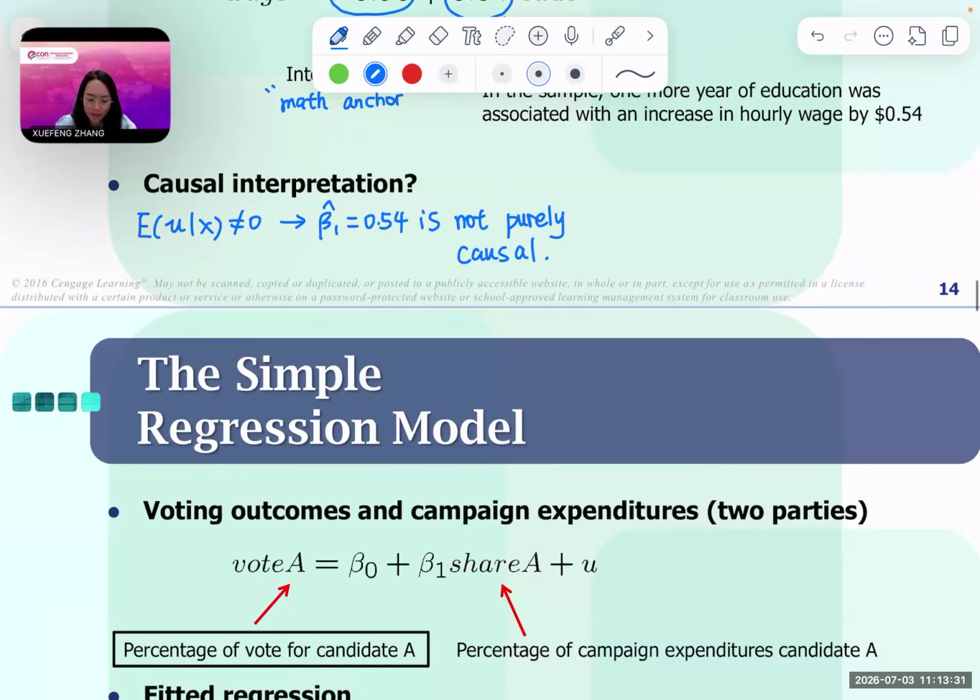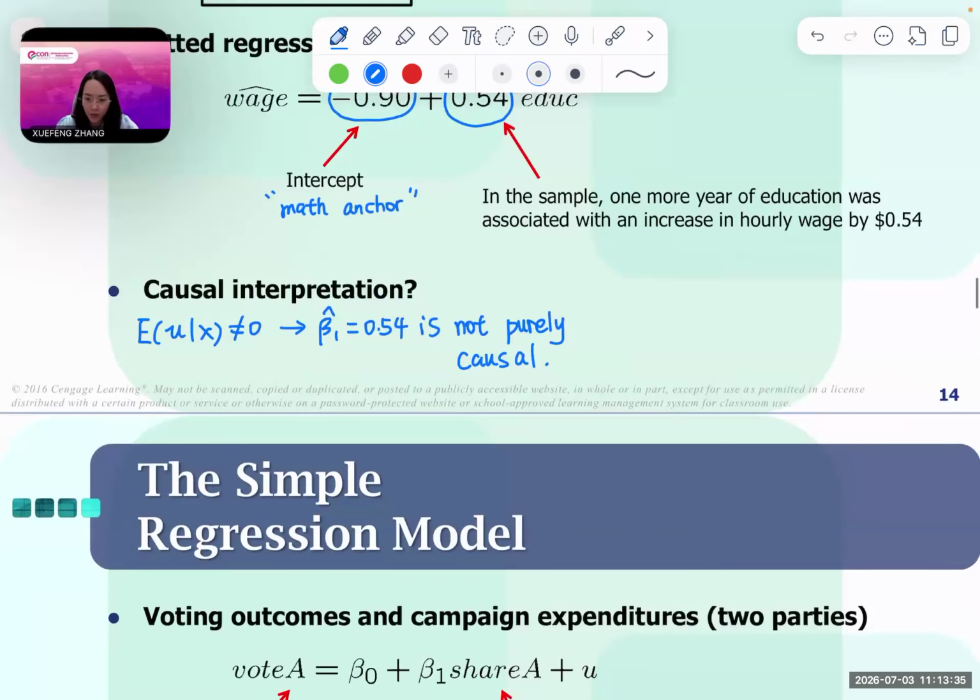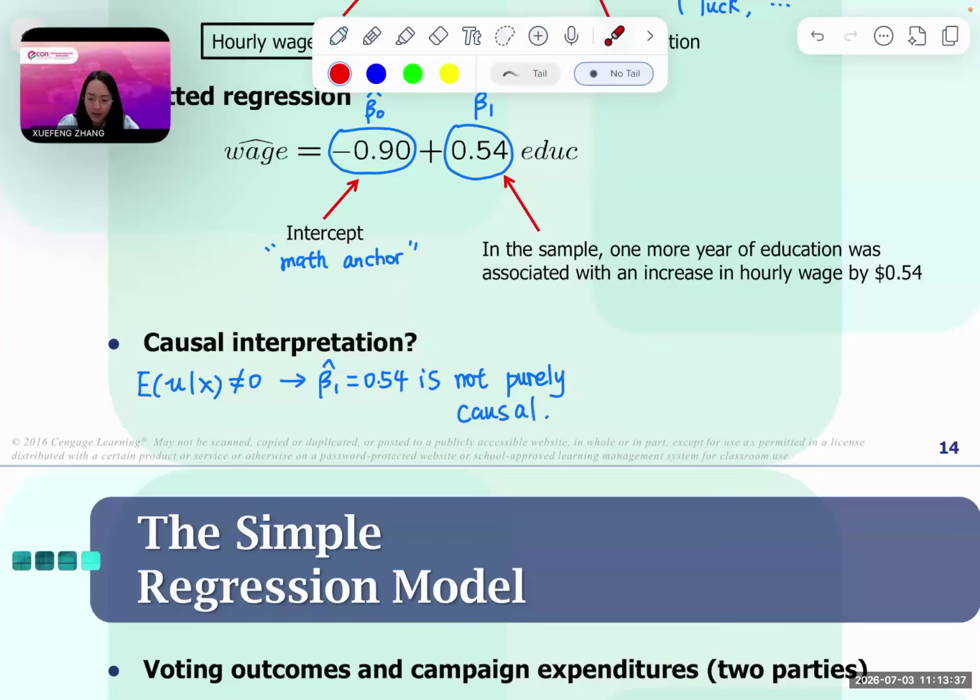We also can see it this way: each extra year of school predicts a positive $0.54 per hour, but whether school itself causes this or smarter people just study longer, we cannot tell from OLS alone.